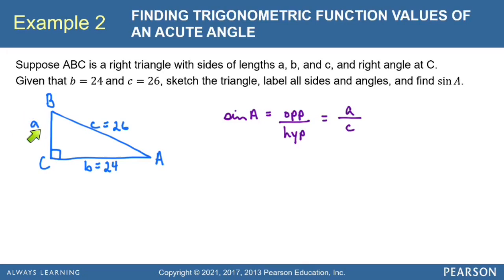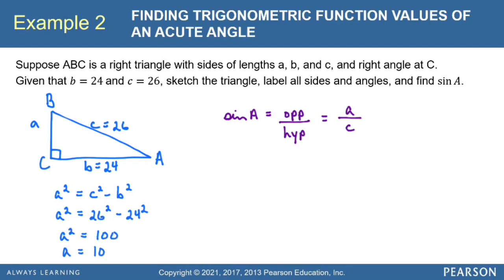So we know that this is a leg, and we know that whenever we want to find the length of a leg in a right triangle, we subtract the squares. So we're going to be subtracting c squared minus b squared. So a squared now is going to be 26 squared minus 24 squared. If you evaluate that on your calculator, you'll find that a squared is 100, and that means that a is 10.